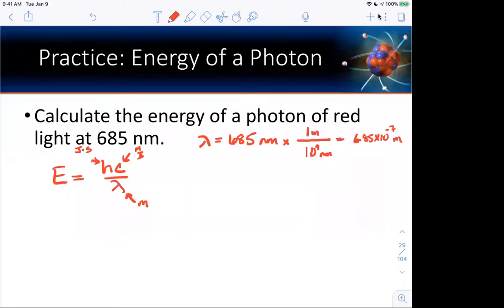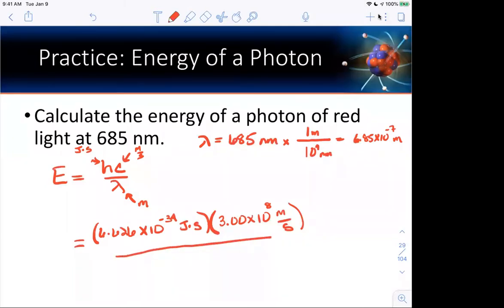So that's the lambda I'm going to use. Now, I know h and I know c. h is 6.626 times 10 to the minus 34th joule seconds. c is 3.00 times 10 to the 8th meters per second. And now my lambda is 6.85 times 10 to the minus 7 meters. So meter cancels, second cancels. I'm left with joules, which is really good because joule is a unit of energy.